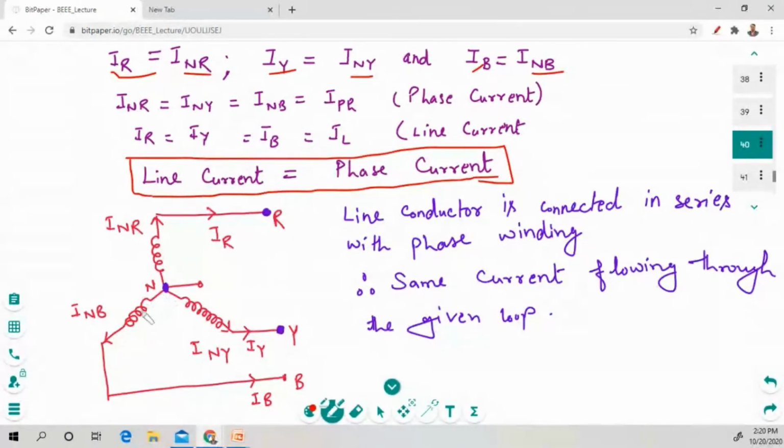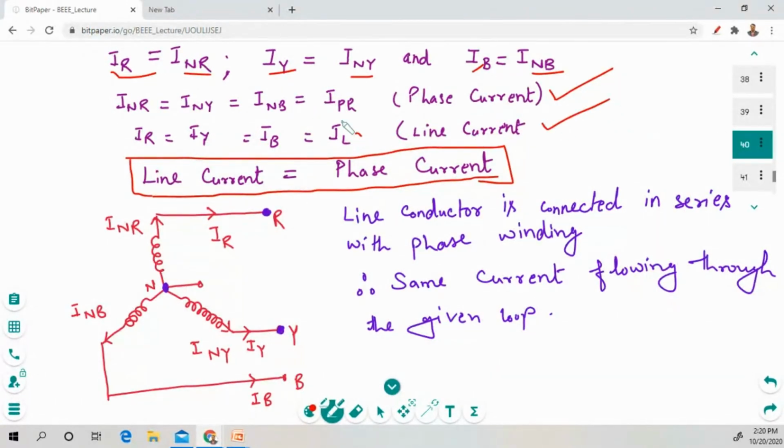This IB is the line current, and this INB is the phase current. These are the same. So we can say that INR, INY, INB are all equal to the phase currents, and IR, IY, and IB are all equal to the line current.